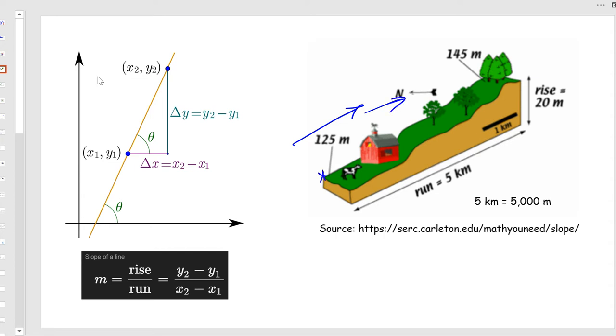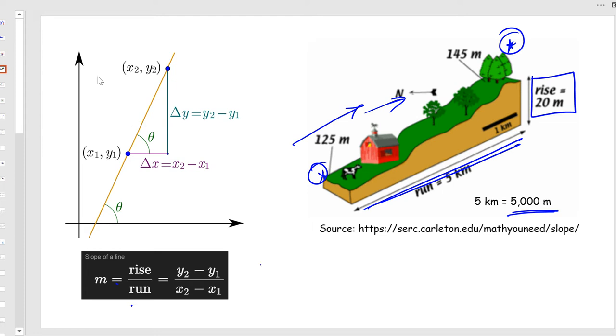From this point you go up to this point. The rise will be 20 meters, but you are traveling 5,000 meters. So the slope is very small. In fact, to understand it, slope is rise over run.